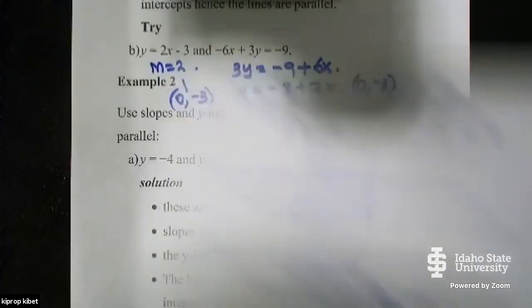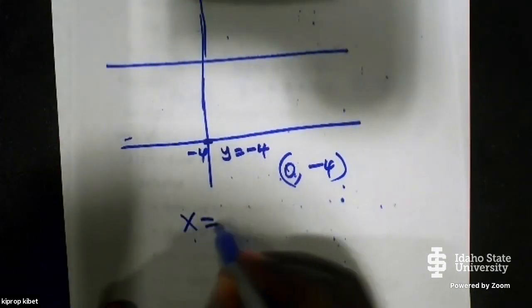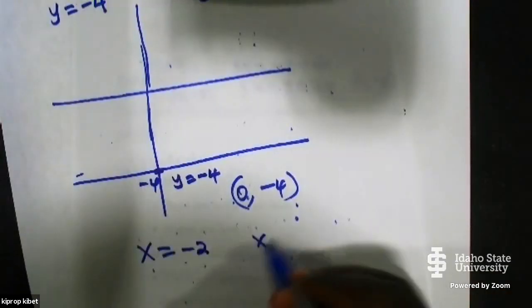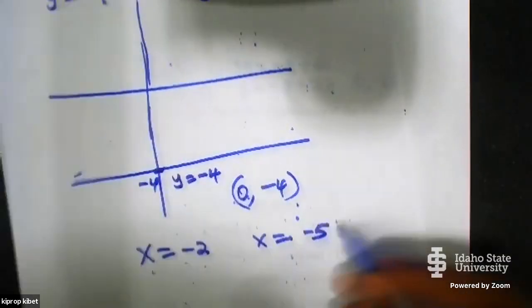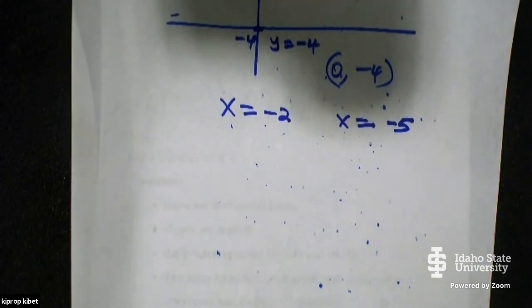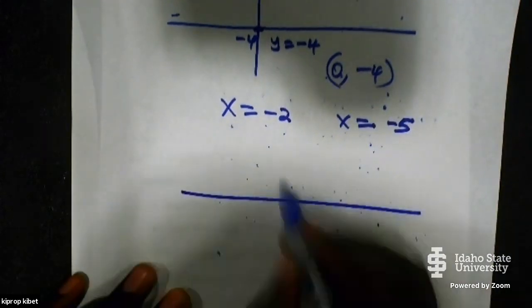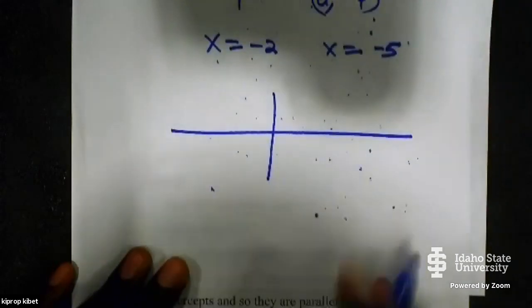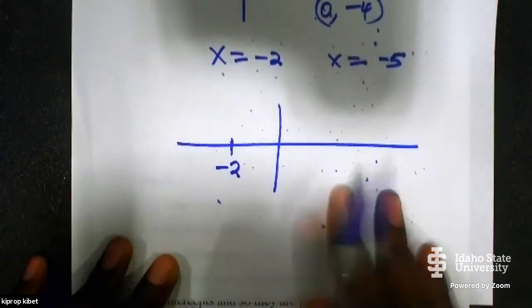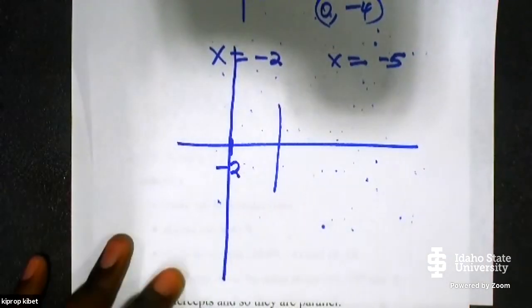So again, if x equals -2 and x equals -5. So when x is -2, this one is a graph. So -2 is somewhere there. So that means this line will be like that, right?